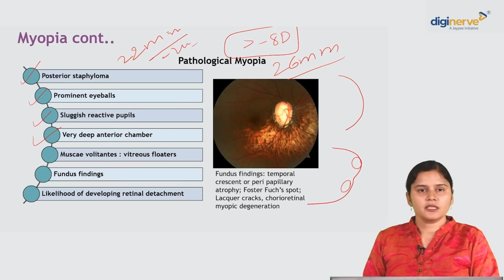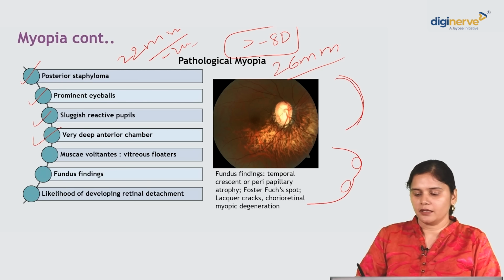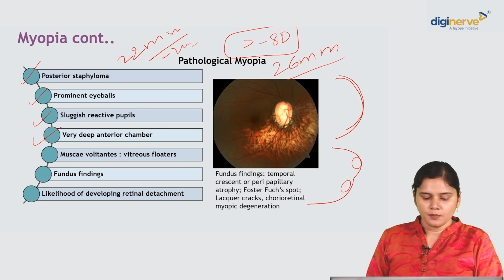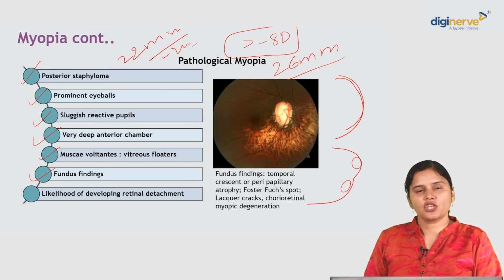There can be vitreous floaters. The vitreous jelly which is usually lining the retina, because the eye is progressively elongating, forms vitreous floaters, which are called muscae volitantes. Then there are various fundus changes that can occur. There is rapid elongation of the eyeball to which the retina and the choroid are not able to adapt very well.